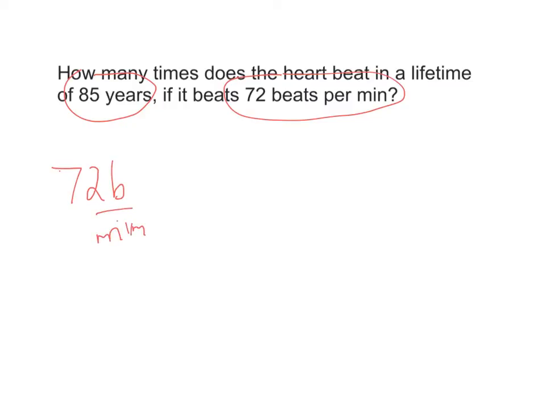All right, and then I'm going to try to figure out some conversion factors. Okay, there we go. So now we've got 72 beats per minute. Well, we know that 60 minutes is 1 hour.